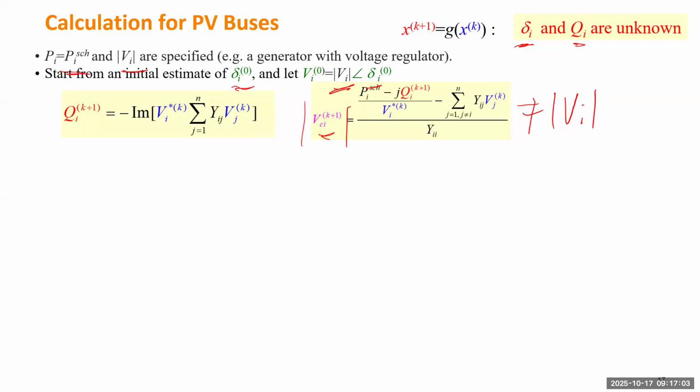Which means we cannot utilize this phasor completely. What we can do is keep the absolute value unchanged, but only update the angle. So how do we do that? One way is you can definitely solve for the angle.